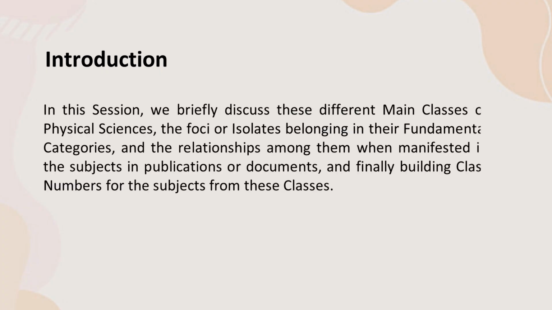In this session today, we briefly discuss these different main classes of physical sciences, the foci or isolates belonging in their fundamental categories and the relationships among them when manifested in the subjects in publications or documents, and finally building class numbers for the subject from these classes.